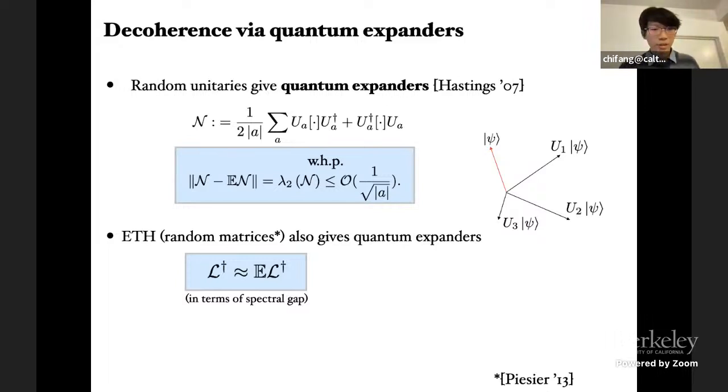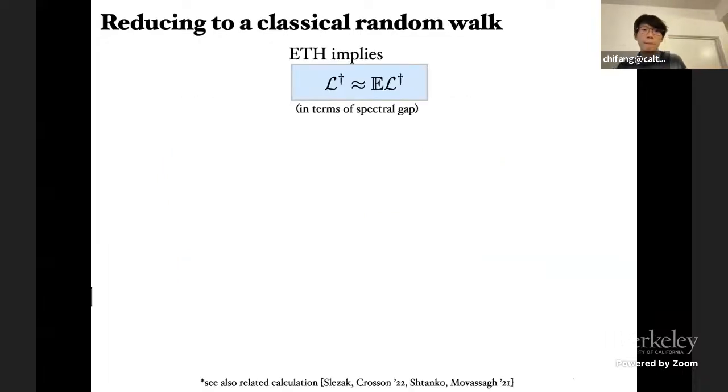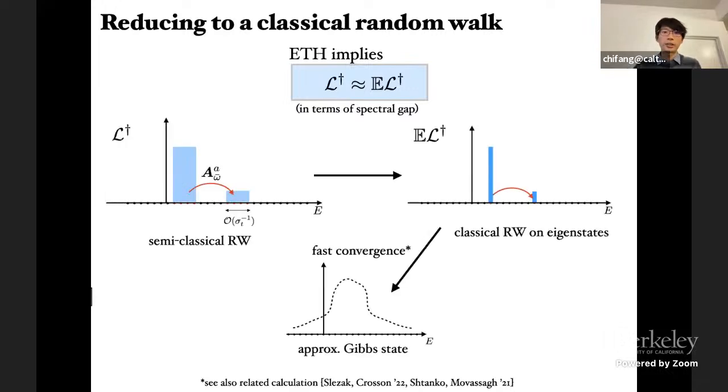Okay, so now let's assume this is true. So now you have proved this using some random matrix theory. It suddenly reduces the problem drastically, and it actually becomes a classical random walk. So very nicely, this expected map is completely decohered. It really reduces essentially to a classical random walk on eigenstates.